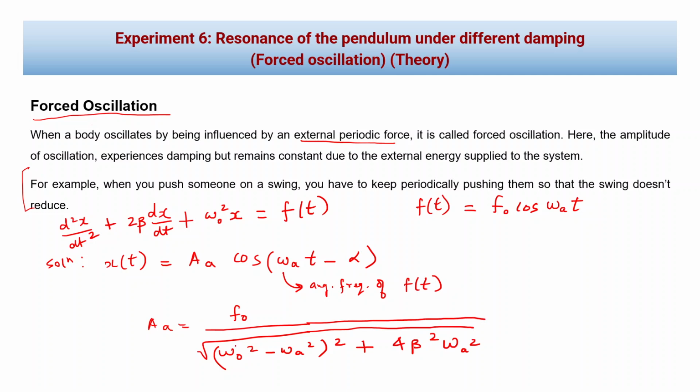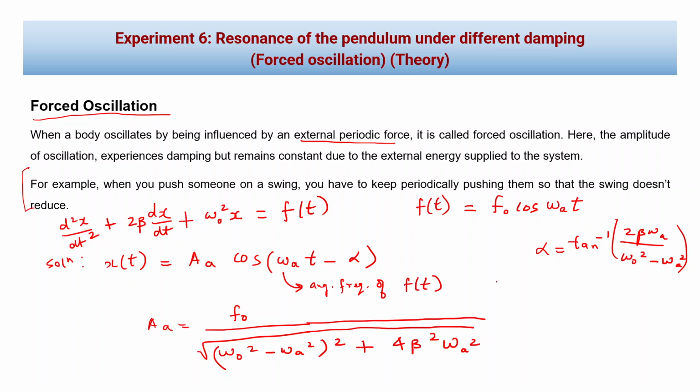This is the expression for amplitude, and the phase is represented by alpha here. It will be tan inverse of 2 beta omega a divided by omega naught square minus omega a square.